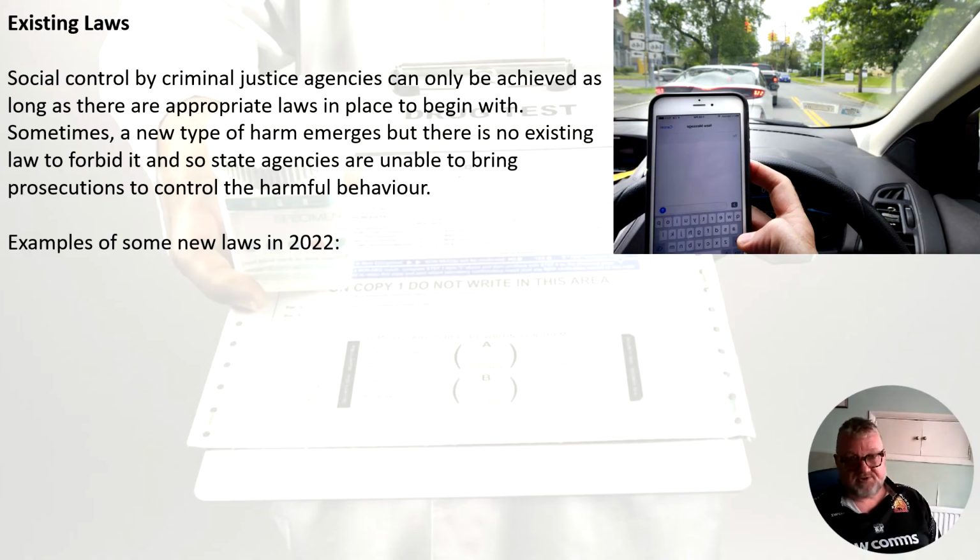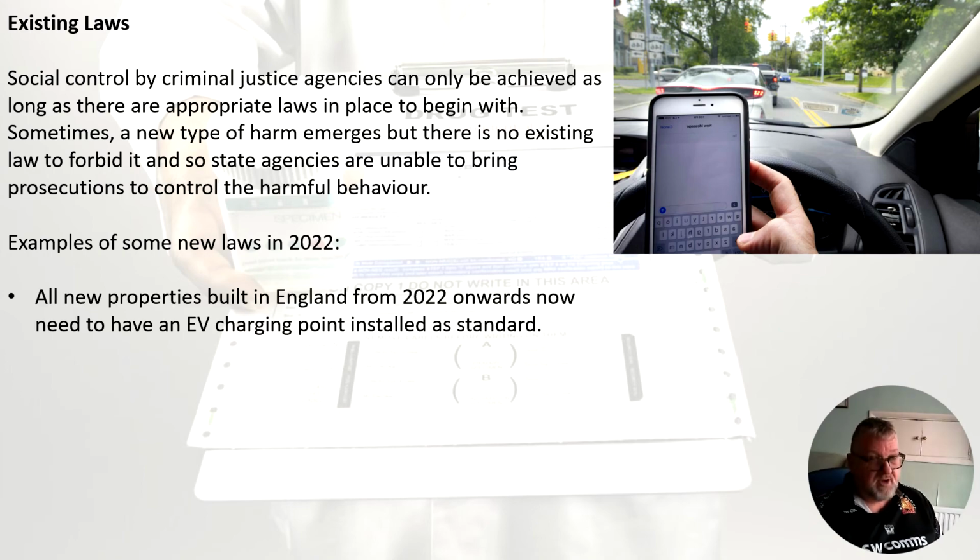Examples of new laws that had to be brought in: in 2022, all new properties built in England from 22 onwards have to have an EV charging point installed as standard because of the move towards net zero.